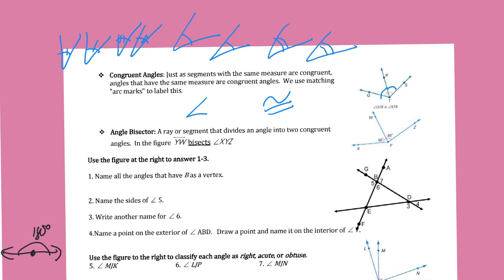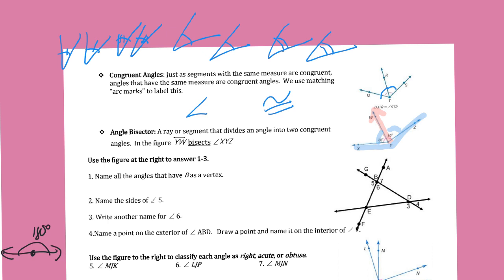You will notice that this ray right here, YW, has bisected, or chopped in half, this angle. Whenever things get bisected, they form two equivalent pieces, whether it's two segments that are equivalent or two angles that are the same measure. Look at this, it's got two angles, the same measure right here. And so that red ray sliced that angle directly in half.